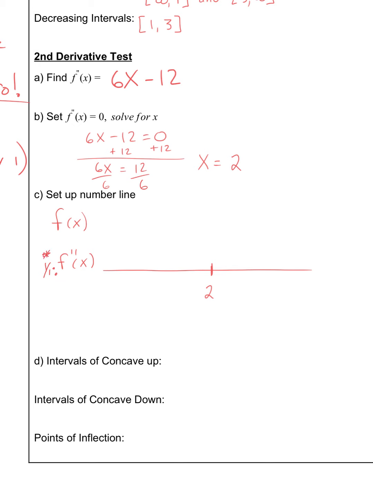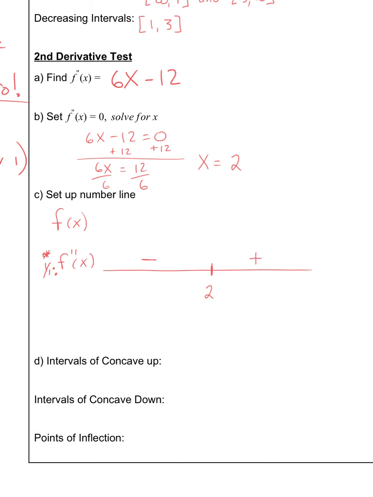If we graph the second derivative, 6x minus 12, and we start our table at 2, to the left of 2 we have negative numbers on our second derivative. And to the right of 2, we have positive y values on our second derivative. Now here's the thing.